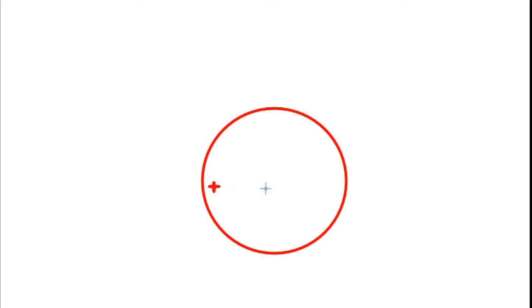This plus sign represents the position of a stud, and this distance is known as the pitch of the stud. The distance between two studs on the pitch circle diameter represents the pitch of the stud.